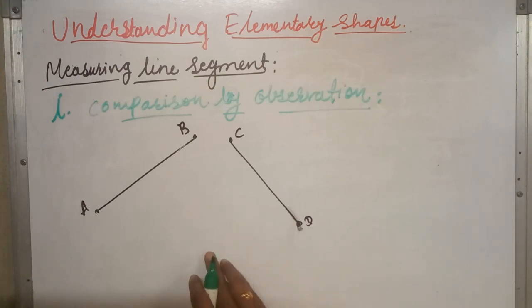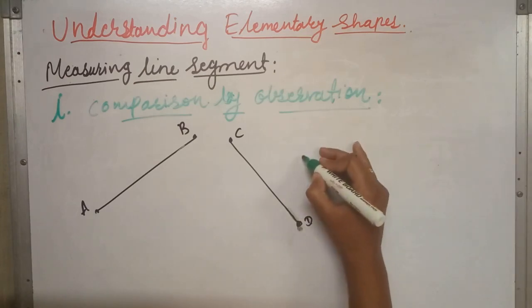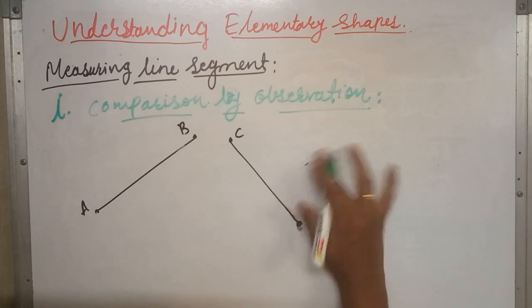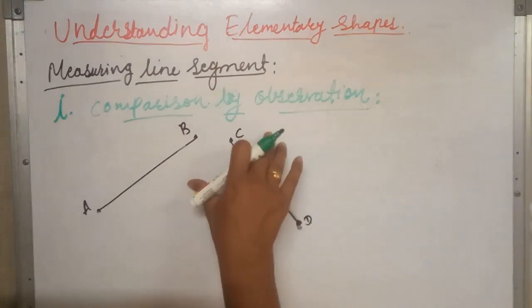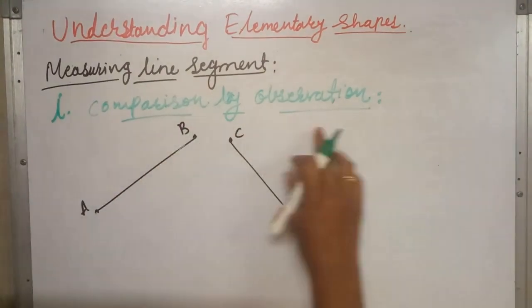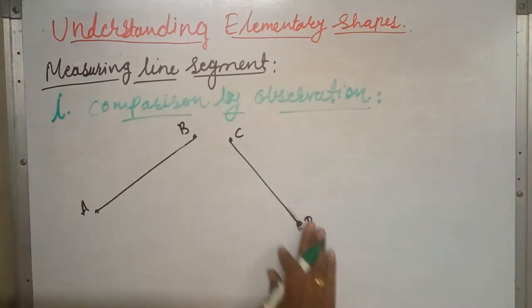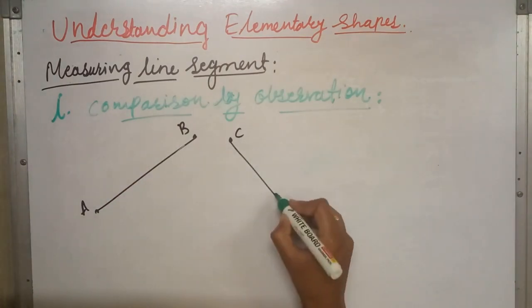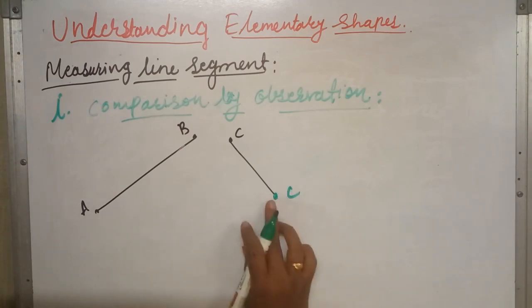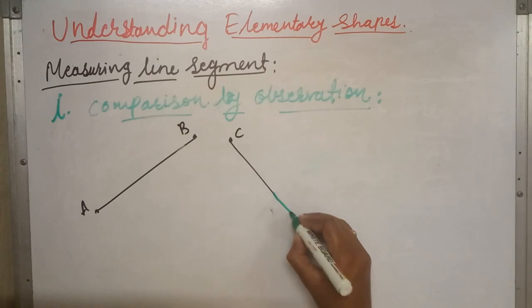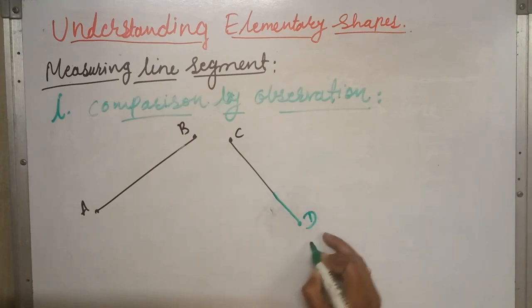So we need a better method of comparing line segments. Observation is not always a correct way of comparing line segments. So first we discussed comparison by observation. In some situations you can easily find out, but in others you can't judge it.